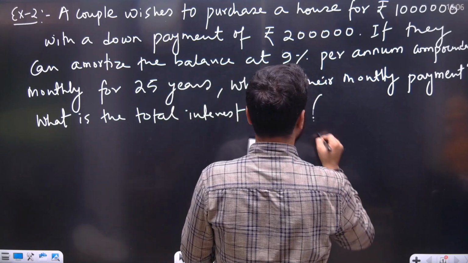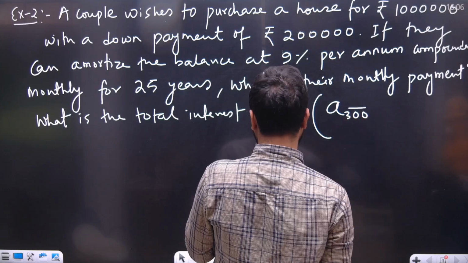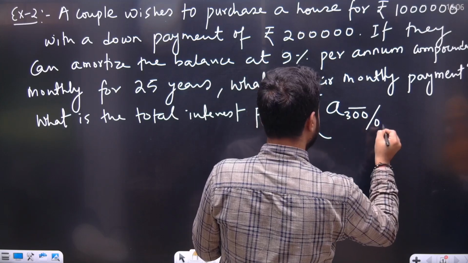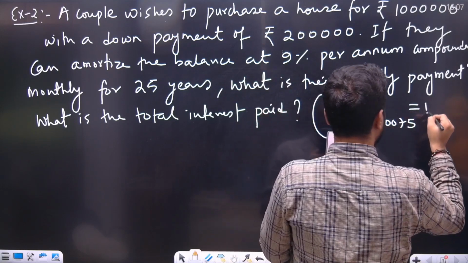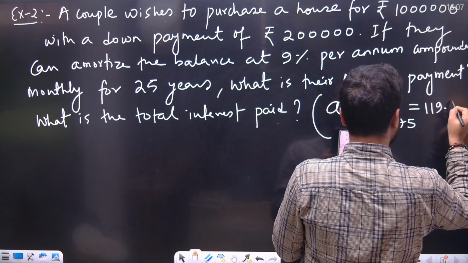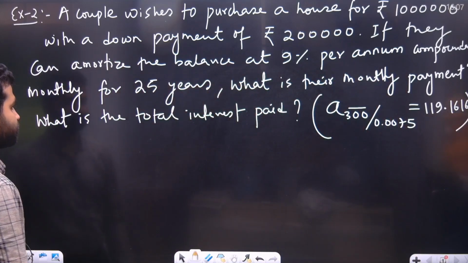Given that A 300 bar divided by 0.0075, this value is given to you, 119.1616. This value is given to you.